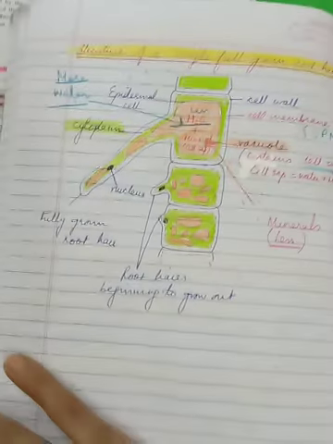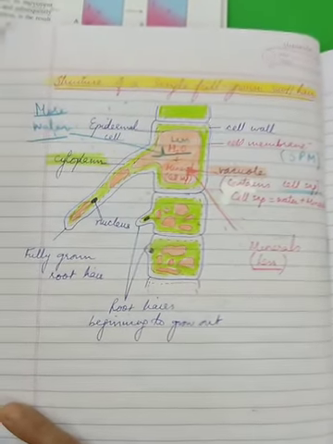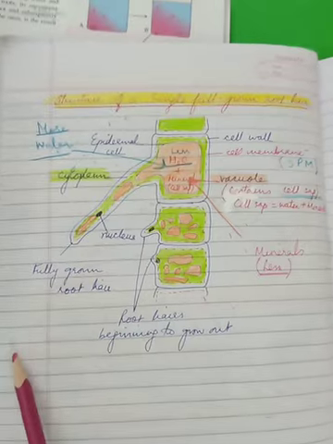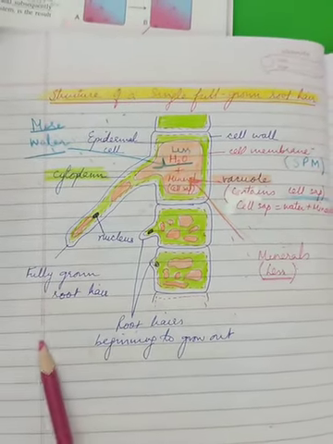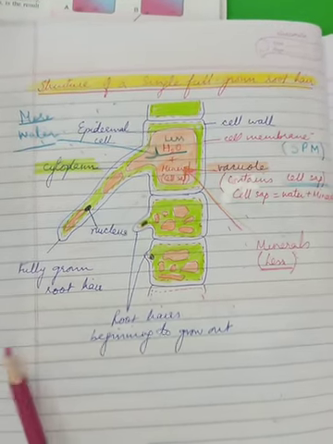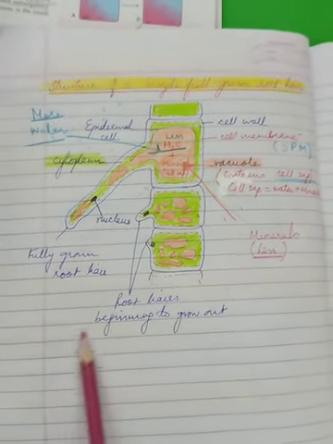But yes, please draw this diagram very neatly in your classwork copies, children, and show the structure of a single fully grown root hair, and with correct labelings this should be done.